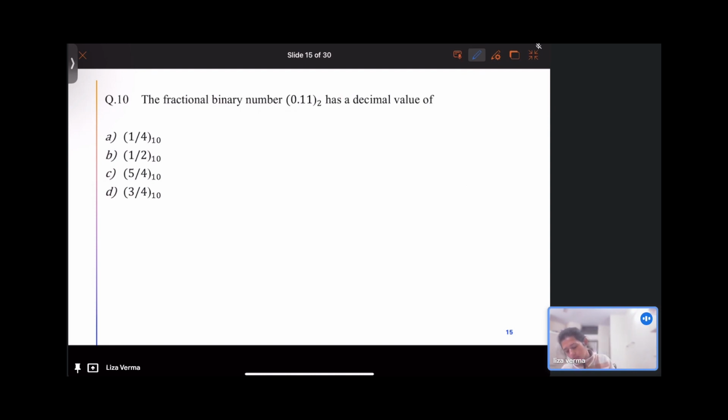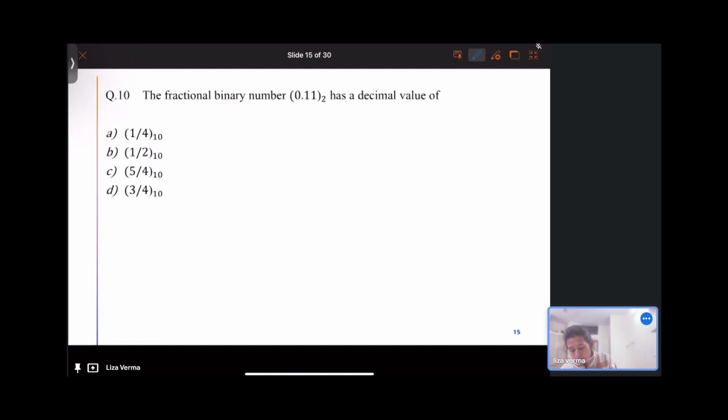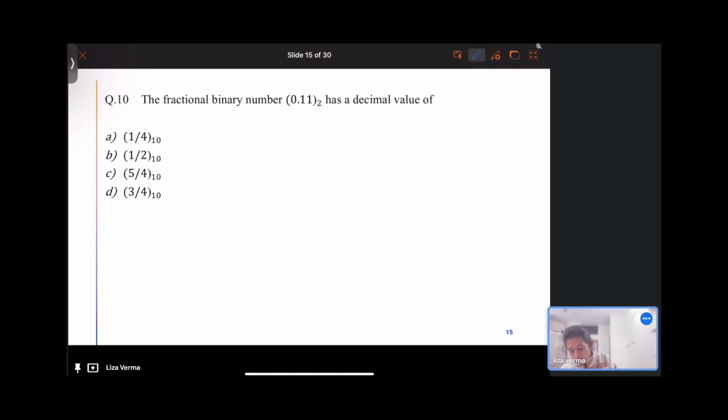Fractional binary number has decimal value of, I think we have discussed this numerous times by now. 0.11 would be, this is in binary, so this bit will have a weightage of 2 to the power minus 1, and this will have a weight of 2 to the power minus 2.